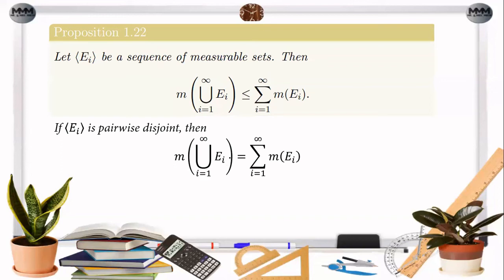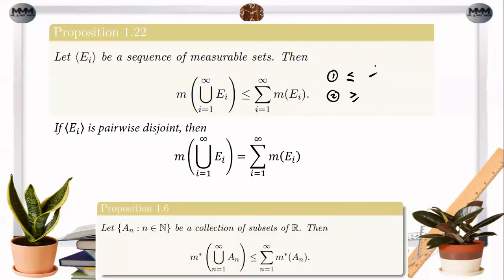Now to prove this, we show two cases. The first case is the less than or equal part, and the second case is the greater than or equal part, before we can arrive at this. The first case follows from proposition 1.6, which was discussed already.